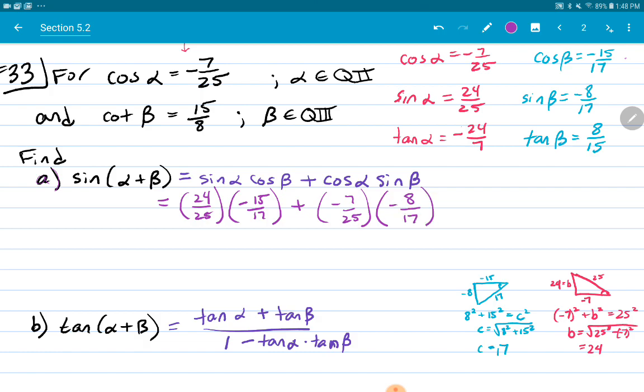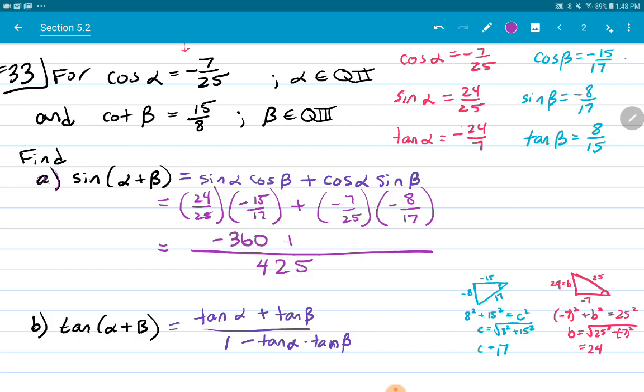When I multiply those together, for the denominator of both of these, I'll get 425, since 25 times 17 gives me 425. In the numerator of the first part, I get 24 times negative 15, which gives me negative 360.